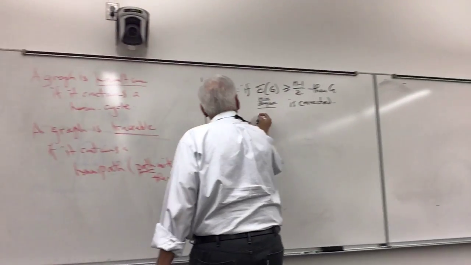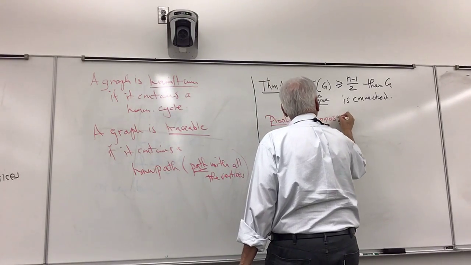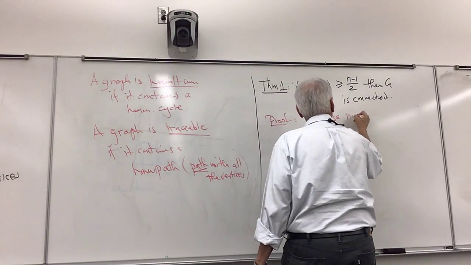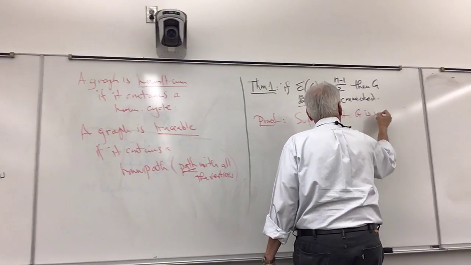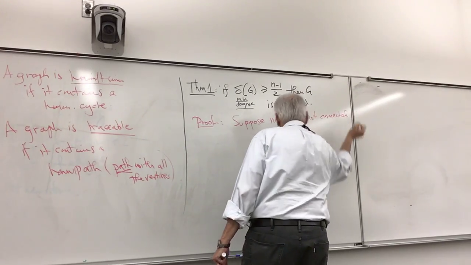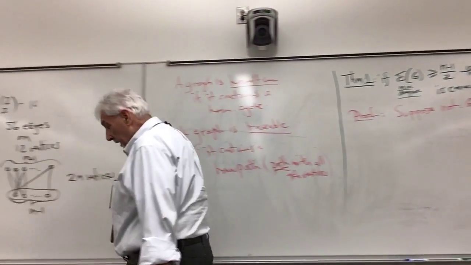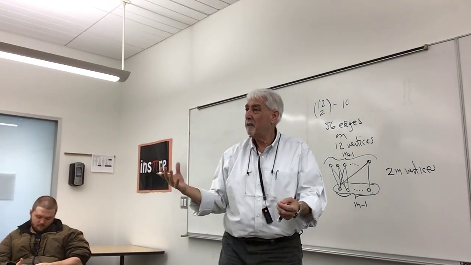So here's the proof. Suppose not. Suppose G is not connected. Then what does it mean to be not connected? What does that mean?